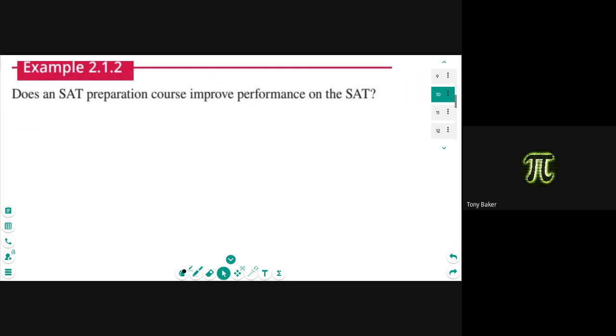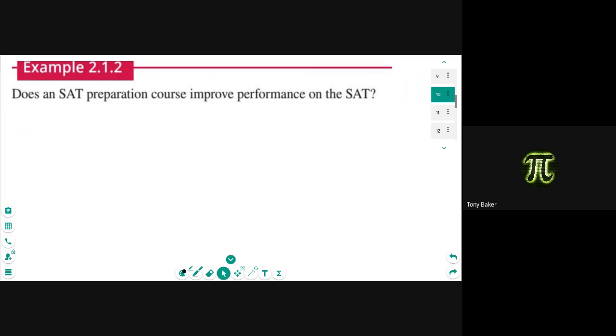When you're trying to determine if something works to improve SAT performance, you do a test beforehand: have them take the SATs, get their scores, have them go through the prep class, take the SATs again, and get their scores.